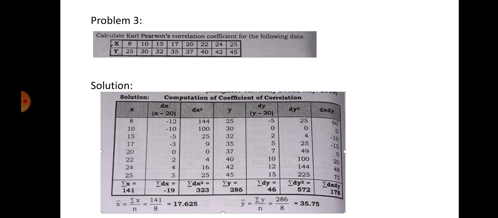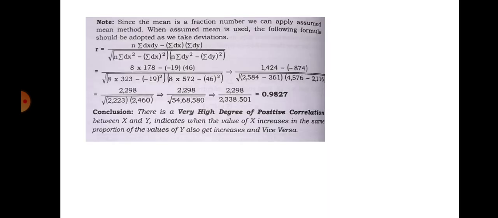R: now after the fraction we can apply the assumed mean method, that is the second one, the dx dy formula. R equals n sigma dx dy minus sigma dx into sigma dy, divided by the square root of n sigma dx square minus sigma dx whole square, into n sigma dy square minus sigma dy whole square.